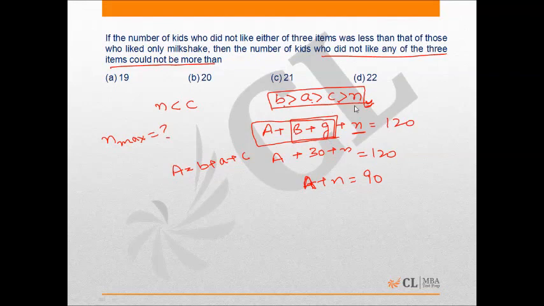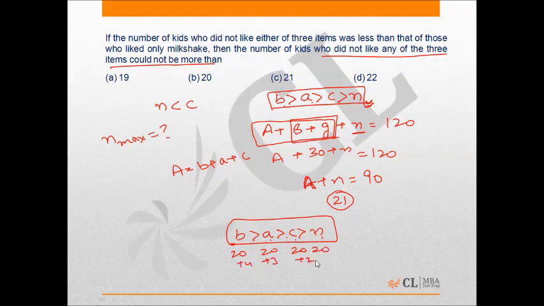Now you can easily visualize that the maximum of N will be 21 only. Because why 21? Because when I distribute this 90 such that this equation holds true, so what I will do, I will give 20 to each of the four variables, and I will give 4 to B, 3 to A, a value of 2 to C, and 1 to N. You can see as this plus 4 plus 3 plus 2 plus 1.